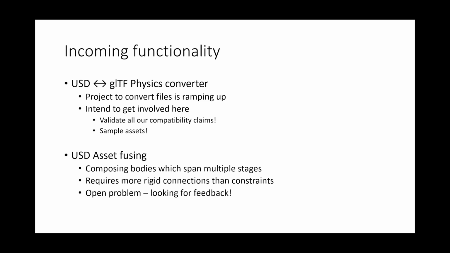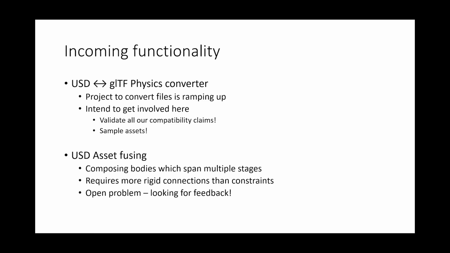And the only way you can make that work with USD physics right now is by having those individual asset parts be rigid bodies and then creating fixed joints between them that actually create solver constraints under the hood, which makes the simulation of something that ultimately only ends up with 6 degrees of freedom incredibly expensive and costly.